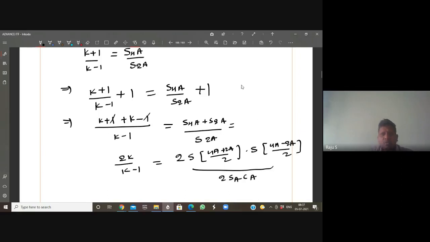I applied the sin 2 theta formula also. In the numerator I applied sin C plus sin D, 2 sin (C plus D) by 2, sorry, it is cos (C minus D) by 2. And the sin 2 theta formula is 2 sin theta cos theta. I applied these two formulas.